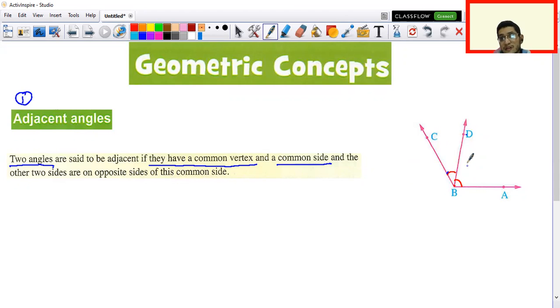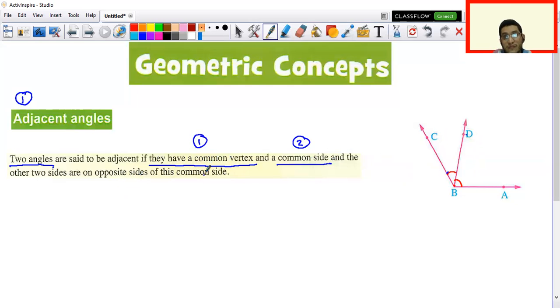Also, in the angle DBA, the ray BD is a side in this angle. It means BD is a side for the first angle and a side for the second angle. Okay? Therefore, BD is a common side. This is the second condition.